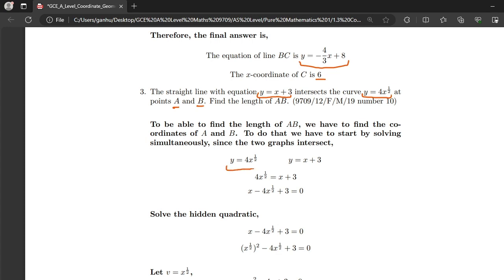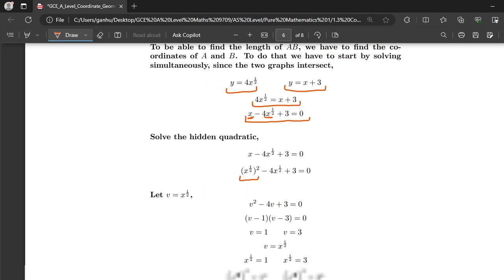We simply take the two equations and equate them together, and we end up with a hidden quadratic. Notice this is x minus 4x to the power half plus 3 is equal to 0. It doesn't look like a quadratic, but if you simplify it a bit further and rewrite x in terms of x to the power half, you notice that it is in fact a hidden quadratic.